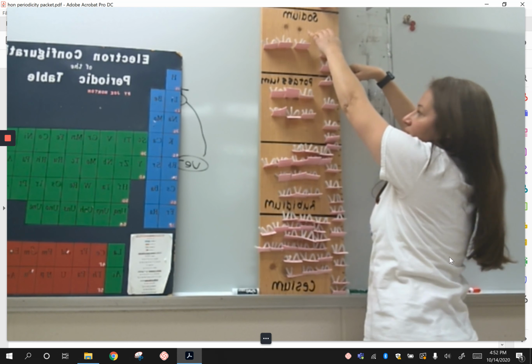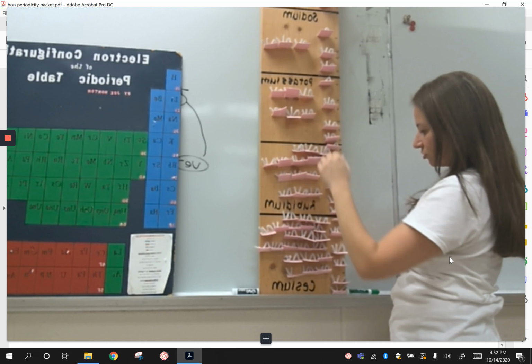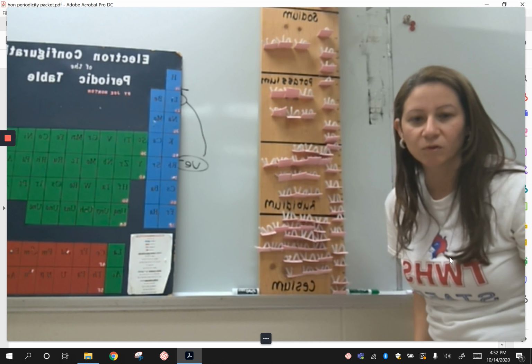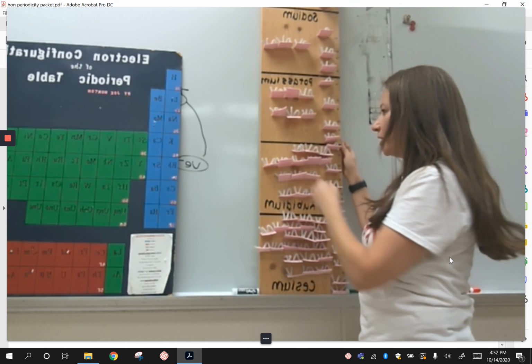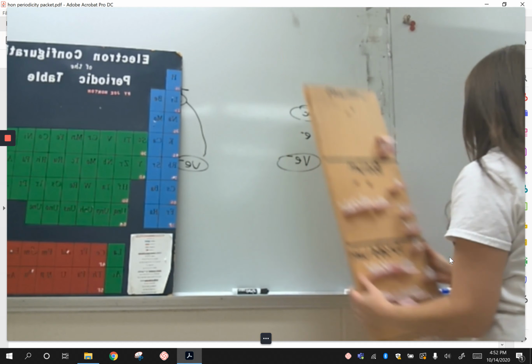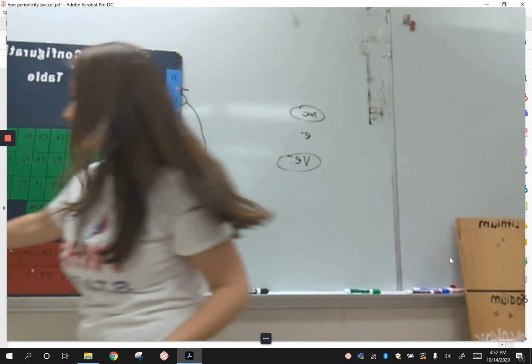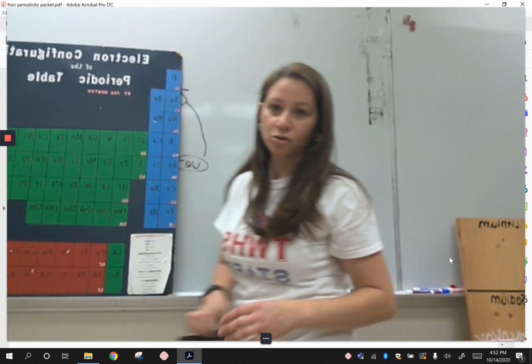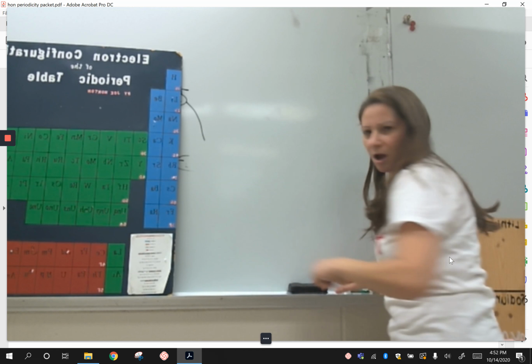So look at these valence electrons versus these valence electrons versus these valence electrons. What's happening? Well, they're getting farther and farther and farther away, right? Why? Because these extra electrons are being added to new energy levels, and so they are being blocked by the other electrons.